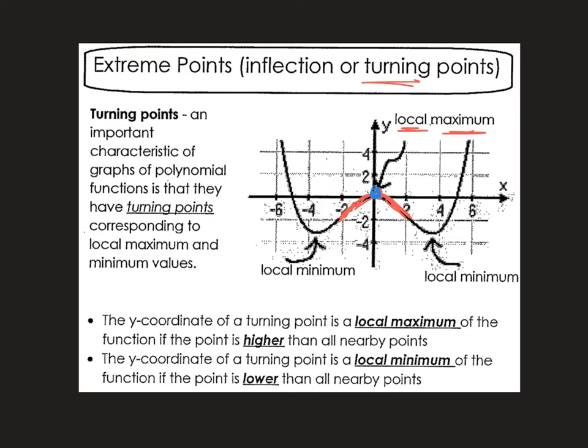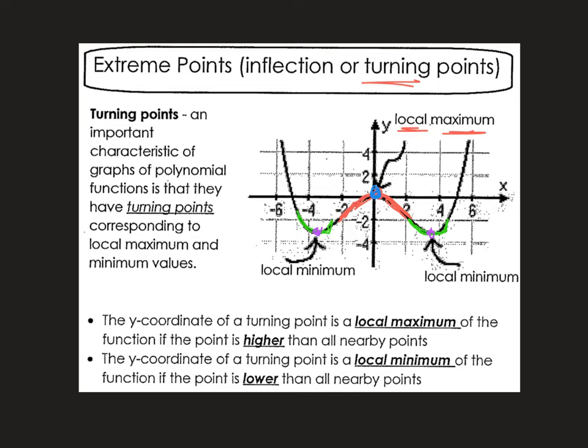So the red points are all lower than the blue. As opposed, say, if we put green marks on these lower humps, and we put like a little purple point at the bottom, those purple points are at the lowest point with respect to their area, meaning all of the green points over here are higher than the purple, and all of the green points over here are higher than the purple.